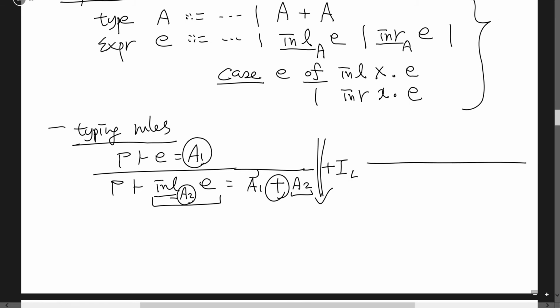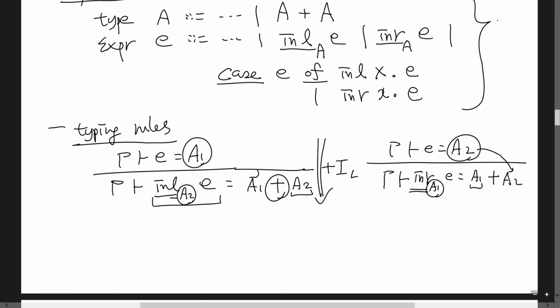Similarly, we have this dual case, injection right A1 expression E. If expression E has a type A2, then we are going to inject it to the right side. So we have this sum type here, and this A2 is injected to the right side, and the first component of this sum type is directly obtained from the annotation, A1. So this rule is called the sum type introduction rule, right case.